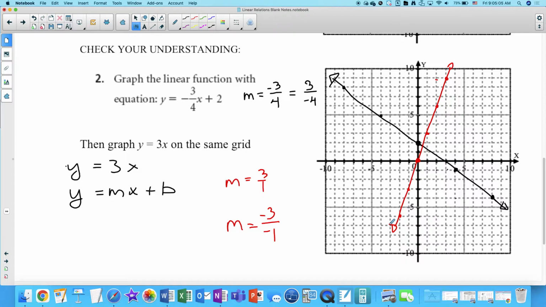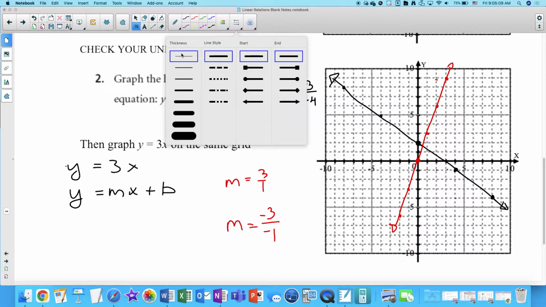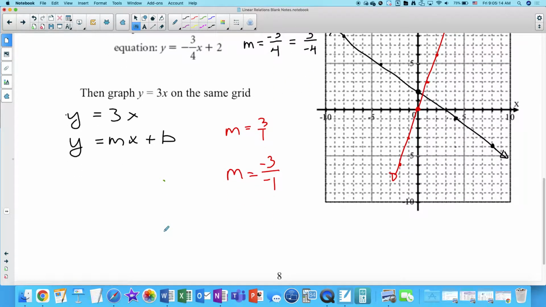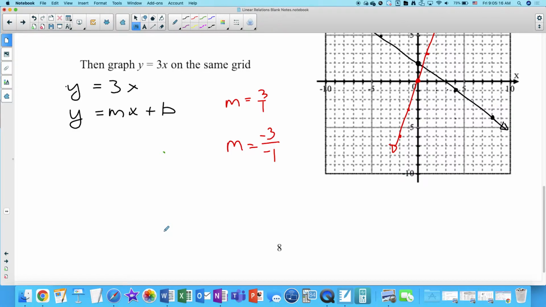Okay? I want to add one more example here. What if you had something like this? You wanted to graph something like that. Exactly.